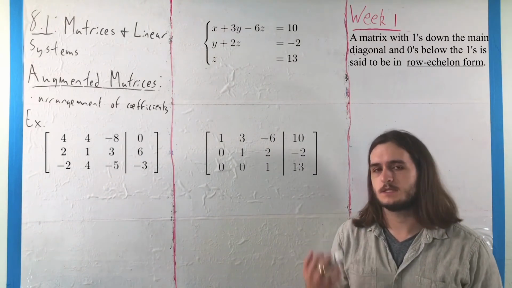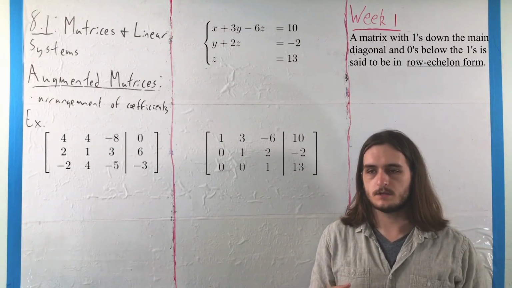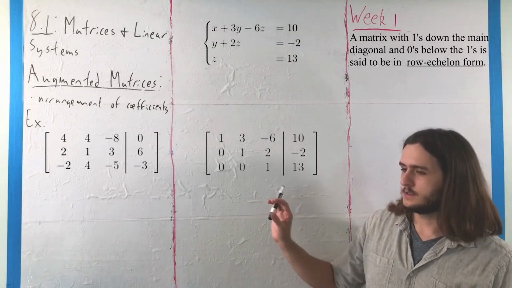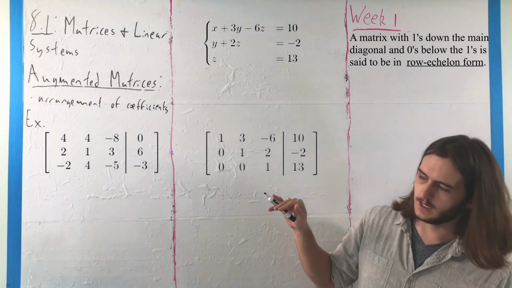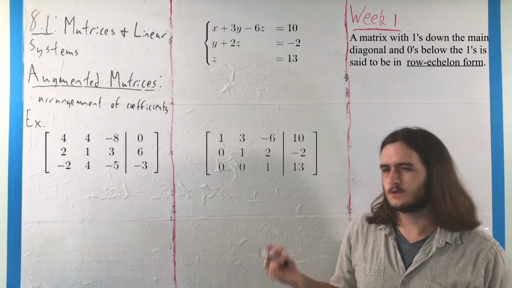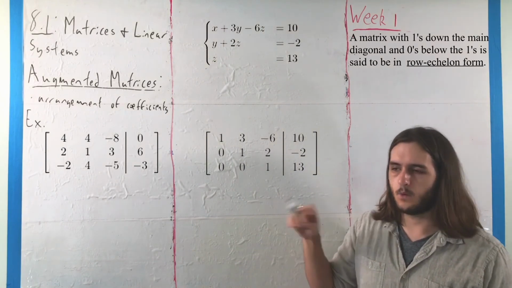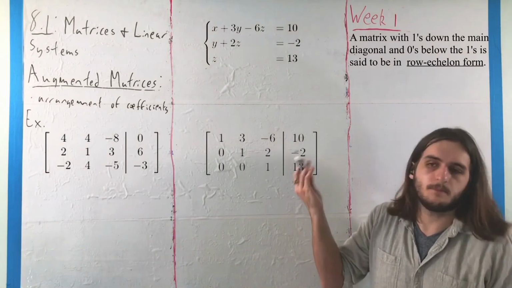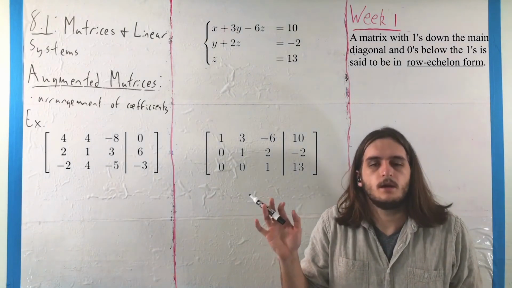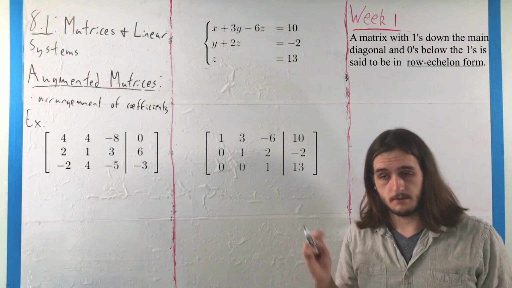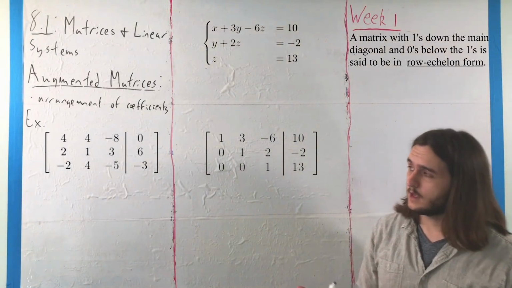Row echelon form is a specific pattern in matrices where you have zeros on the bottom half, the lower triangular is what it's sometimes called, and then ones along the middle, and then above can be whatever it wants to be. We only care about what happens in the bottom and middle for row echelon form.